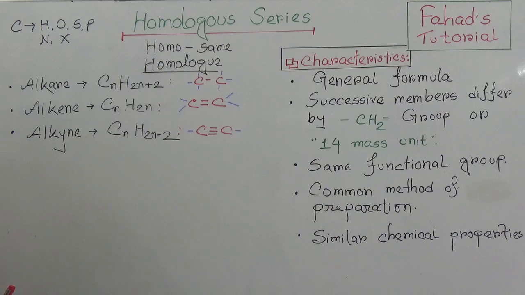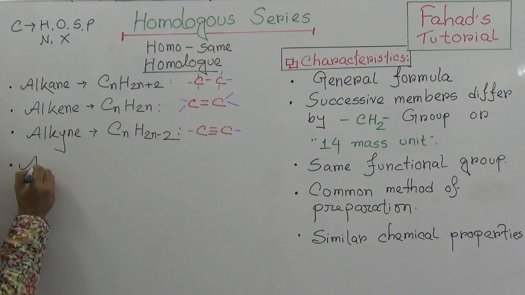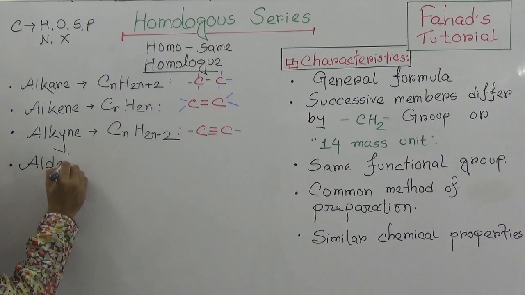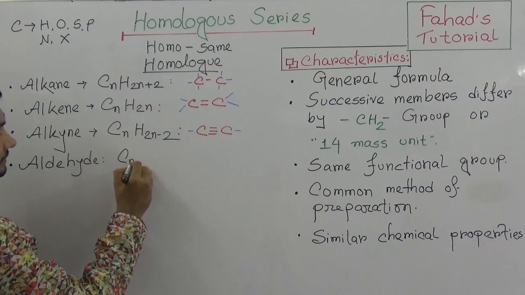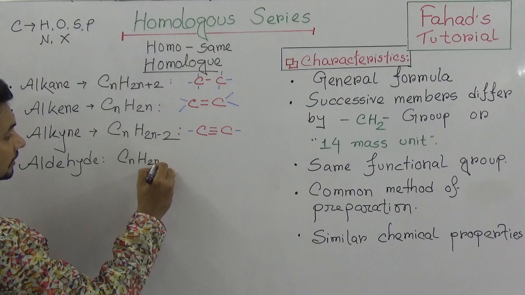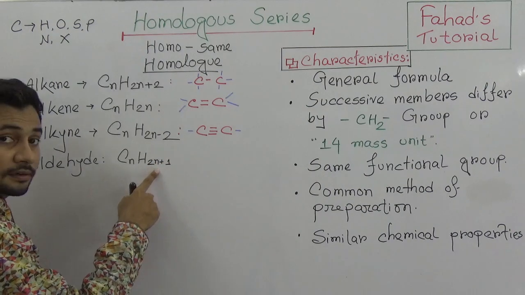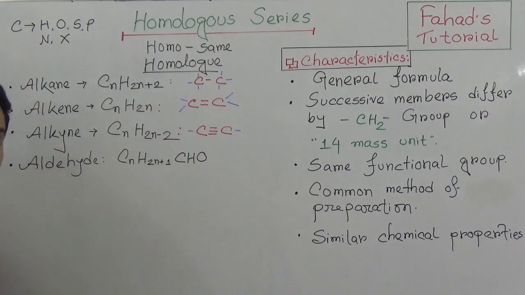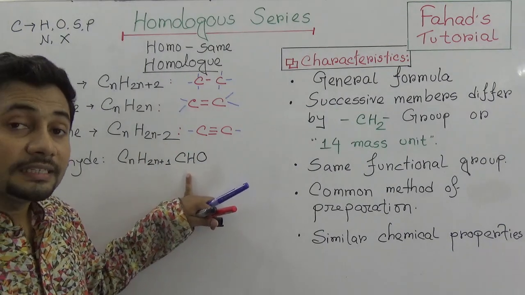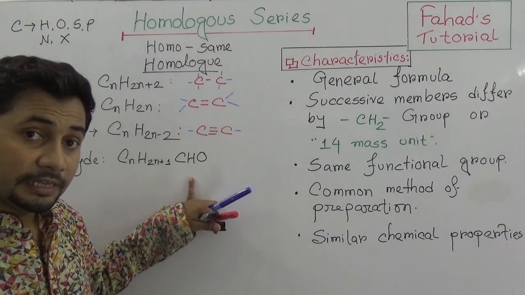See, if you go a little bit further about aldehyde, then this is CnH2n+1 CHO. So CHO is the functional group of aldehyde.